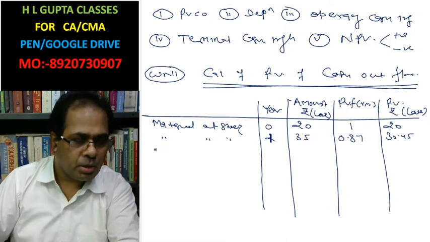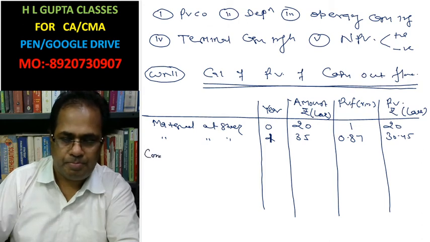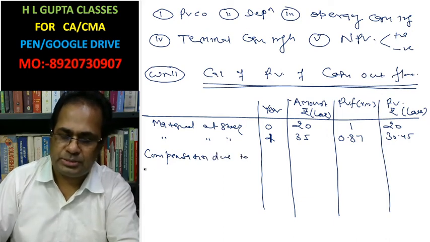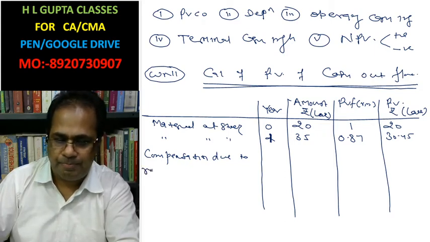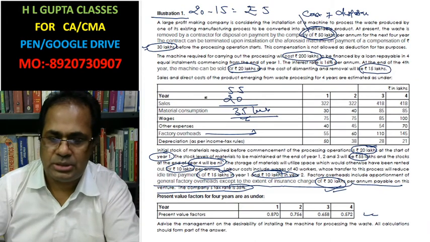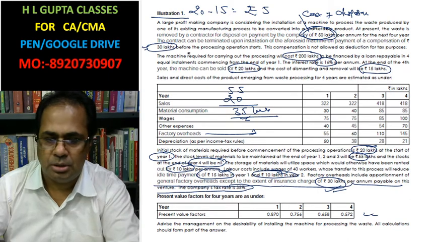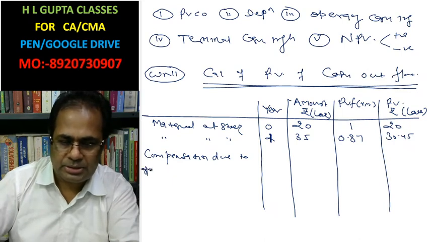Now compensation, you have to pay compensation due to removal of contract. What is the reason? That's contract termination, for a forced machine payment of compensation 30 lakh for the processing operation.